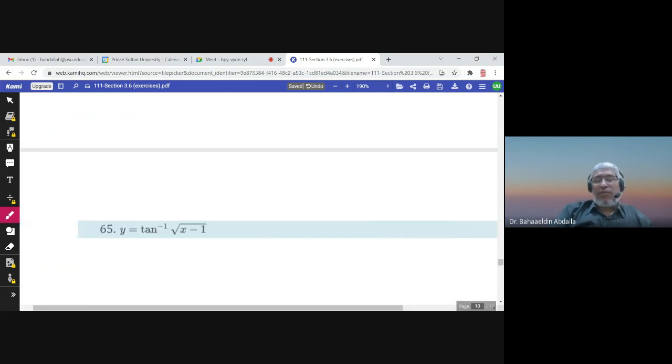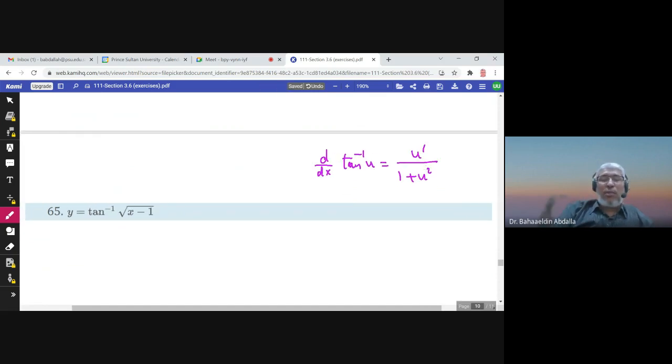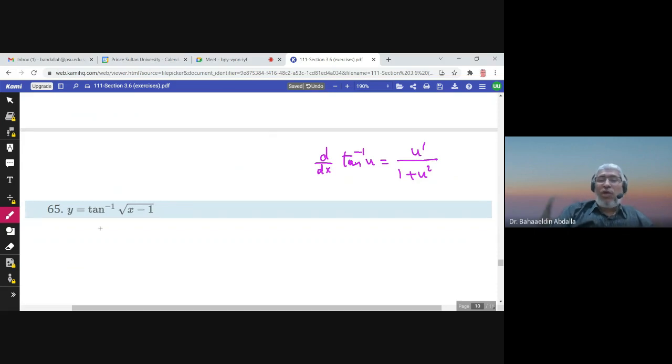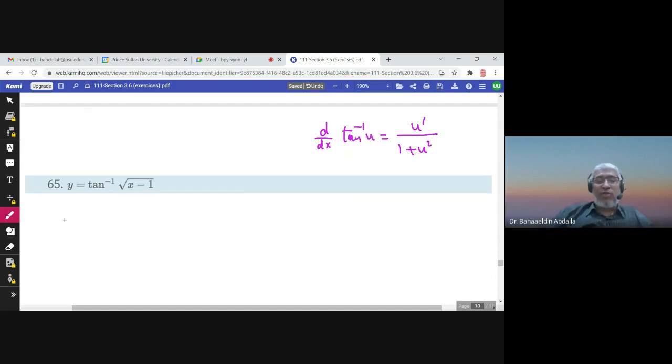Tan inverse. Well, d by dx of tan inverse u is 1 over 1 plus u squared times u prime. So u here is square root of x minus 1. So y prime would be 1 plus the square root.